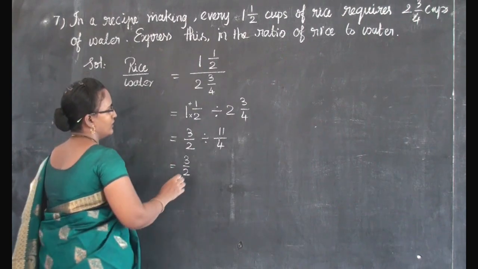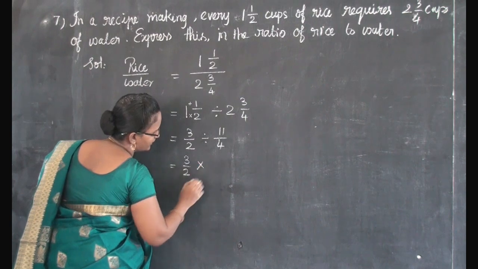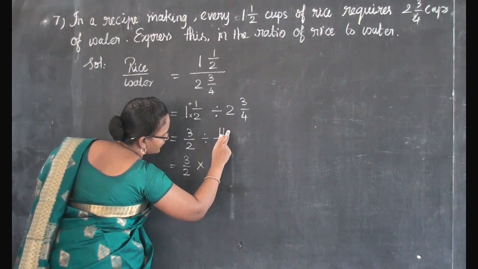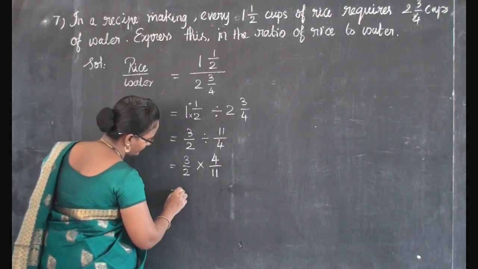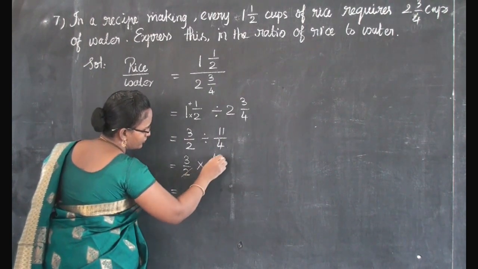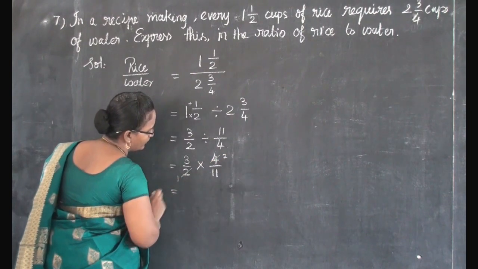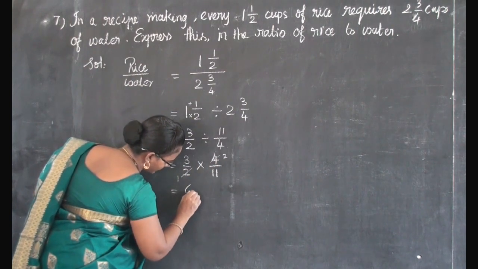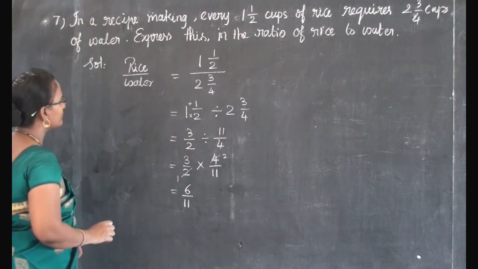Division is changed into multiplication. What is the condition? Take reciprocal for that. So reciprocal of 11 by 4 is 4 by 11. These two numbers cancel by 2. So 2 1s are 2, 2 2s are 4. Multiply numerator with numerator. 3 2s are 6 divided by 11.